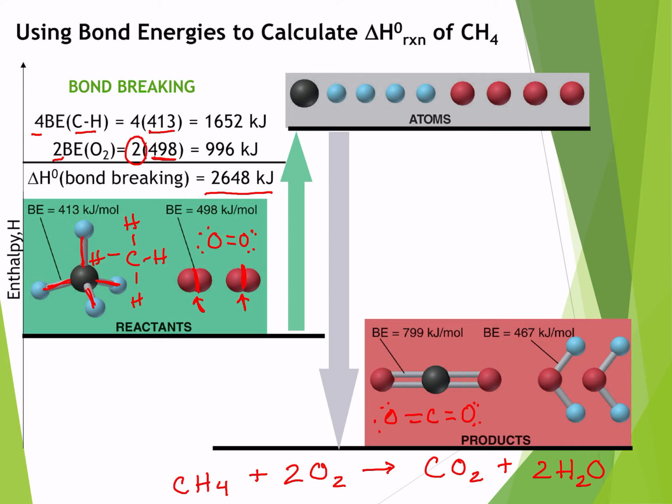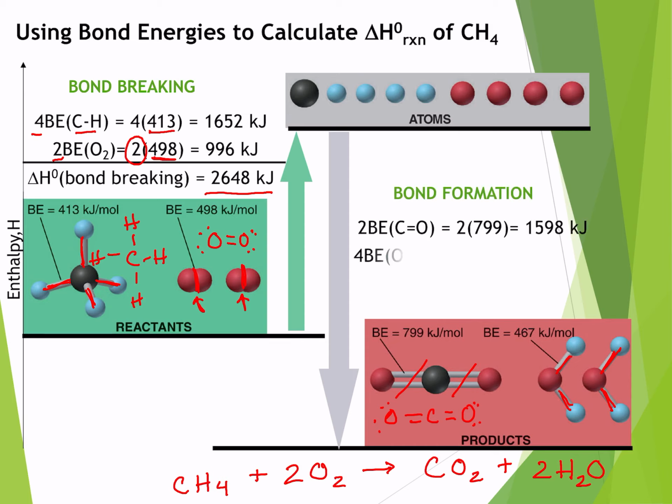So when we do this, we are going to form 2 carbon-oxygen double bonds and 4 oxygen-hydrogen single bonds because there are 2 waters. And in each water, we have 2 oxygen-hydrogen bonds. So we need to form 1, 2, 3, 4. Again, I know it sounds silly to draw these out, but then you can actually go through and count them and make sure you haven't missed anything.